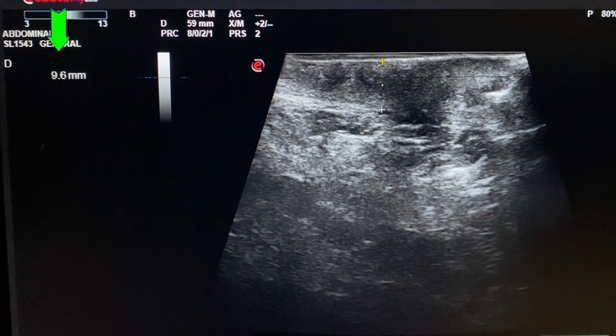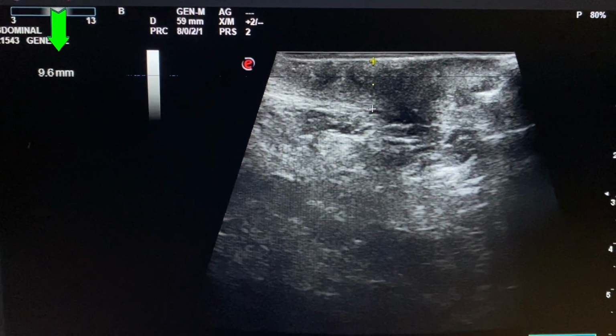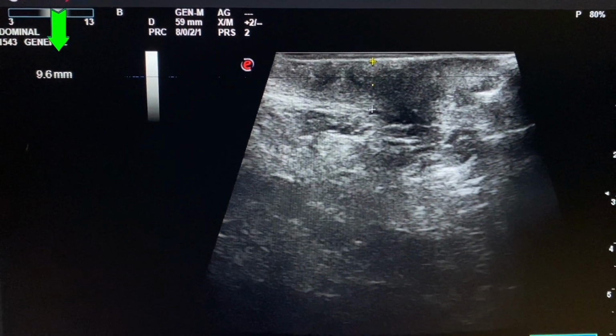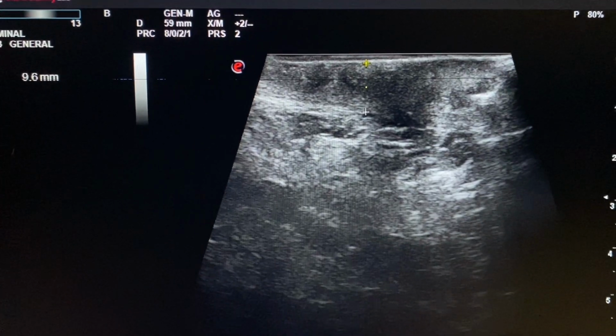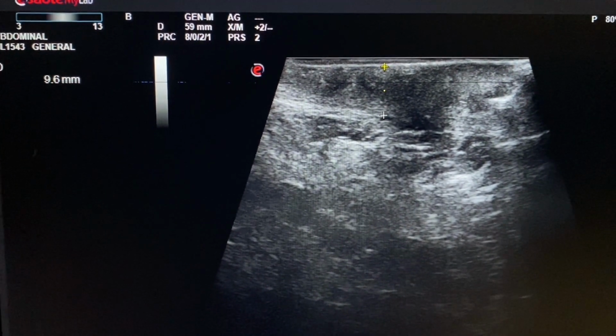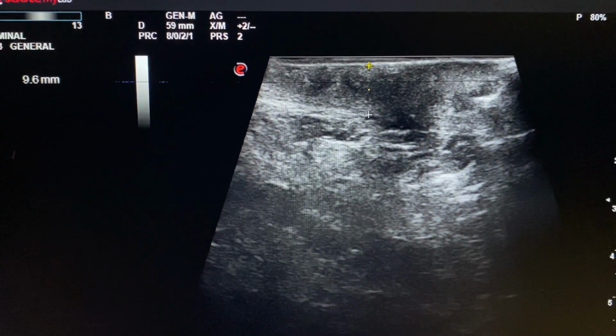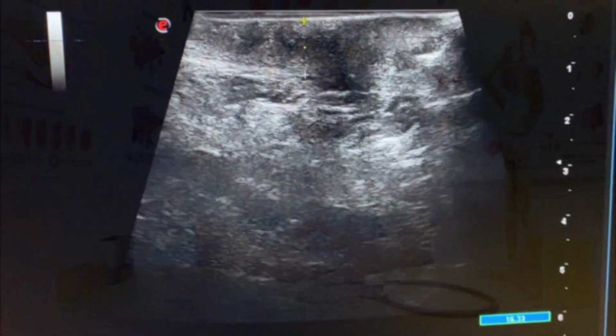The scrotal skin size is 9.6 millimeters, which is thickened due to inflammation. Now, how will we write the report?